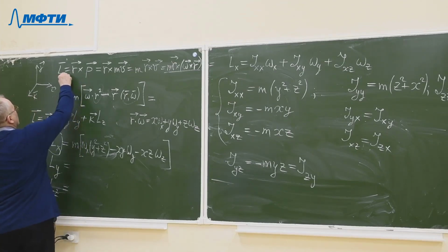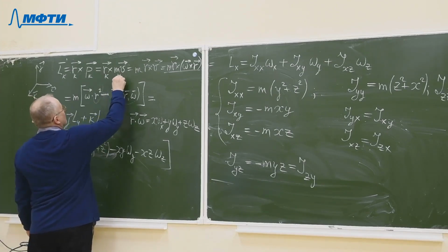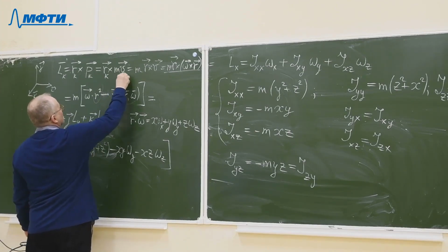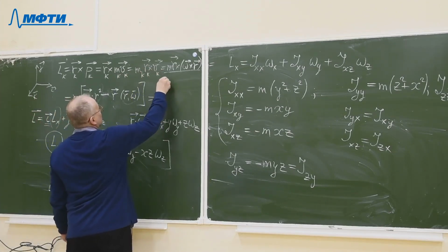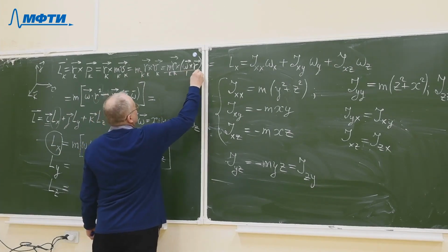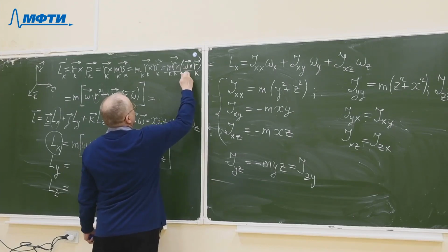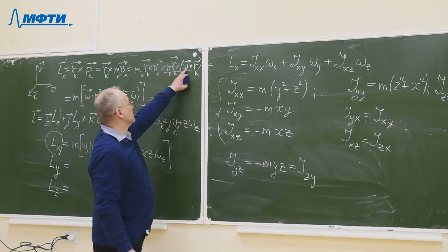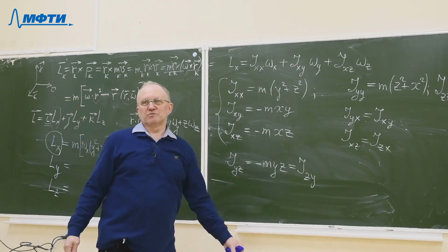So that will be the angular momentum of point number k with its radius vector and with its mass k, and with its velocity k, and the k index will be everywhere, because that relates to a single point. Only omega will have no index, because omega is the angular velocity which is characteristic of the whole rigid body.